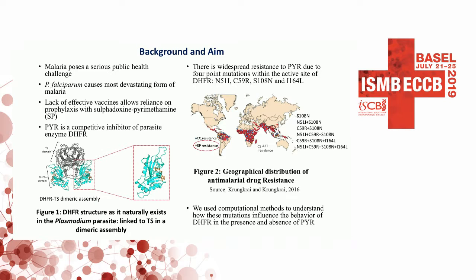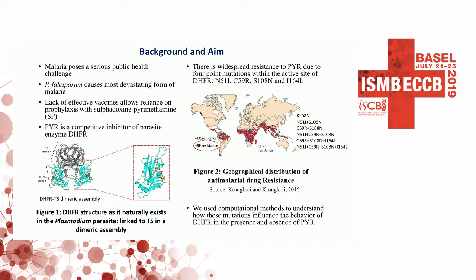There is widespread resistance to sulfadoxine-pyrimethamine, and resistance to pyrimethamine is mediated by 4 point mutations within the active site of DHFR, with the effects of mutations aggravating as mutations accumulate from a single mutant to quadruple mutants.